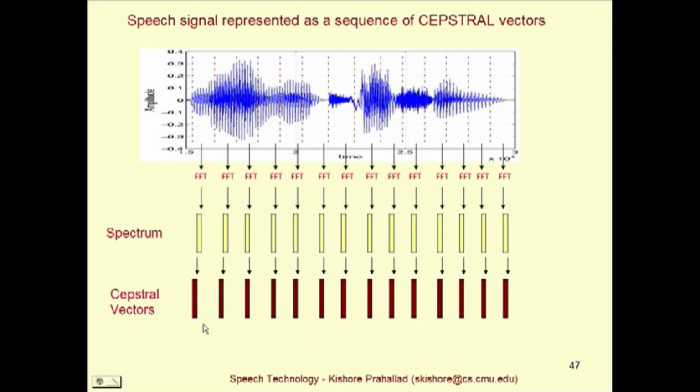It's important to understand that, because it is these cepstral vectors that are given as features to speech recognition systems. We have gone through FFT, taking the spectrum, taking the spectral envelope, doing the MEL frequency analysis, then the cepstral analysis, and finally getting the cepstral vectors. So feature extraction is the process of representing the speech signal as a sequence of cepstral vectors.